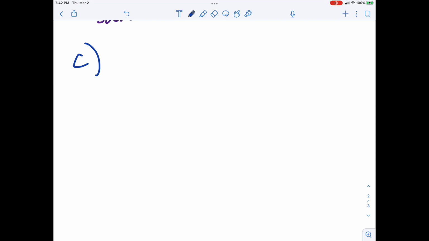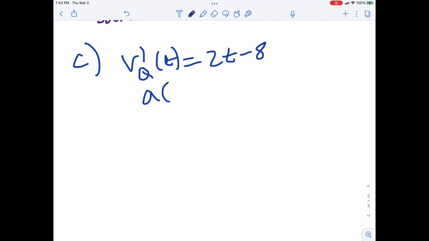So to find the acceleration at time t = 2, I'm going to take the derivative of velocity. So v'(t) = 2t − 8, and this is equal to acceleration, so the acceleration at time 2 equals −4. That's our acceleration at time t = 2.